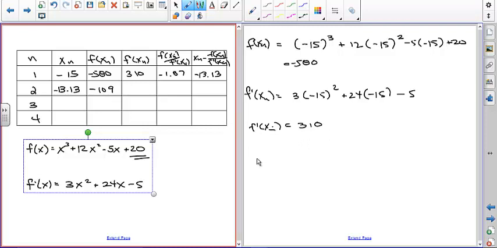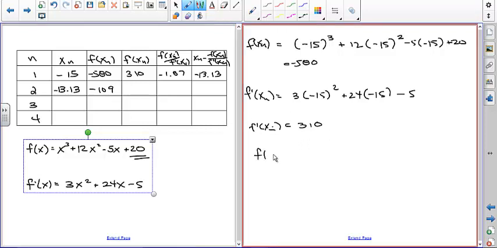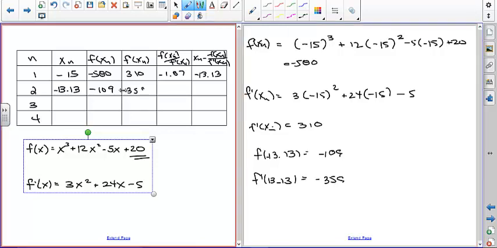And so, anyway, if I do f of negative 13.13, I get negative 109. And f prime of negative 13.13 is negative 359. Okay, so this is negative 359.